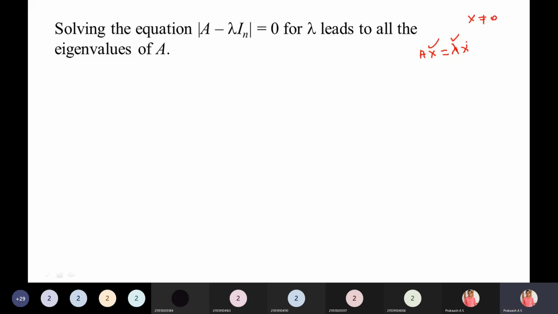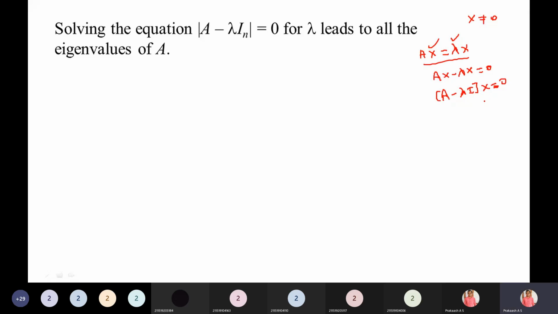A non-zero vector x is said to be an eigenvector of A if it satisfies this equation. From that I get Ax minus lambda x equal to 0, and also A minus lambda I into x equal to 0.